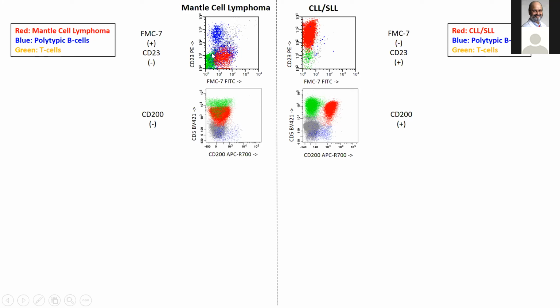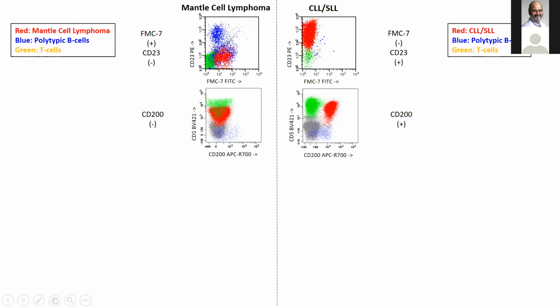In the context of CLL versus mantle cell lymphoma, one of the things that I routinely tell my residents to remember which is which as far as this staining profile goes is that if you remember that FMC could stand for mantle cell lymphoma, it makes it easy to remember what the profile of FMC7 versus CD23 is.